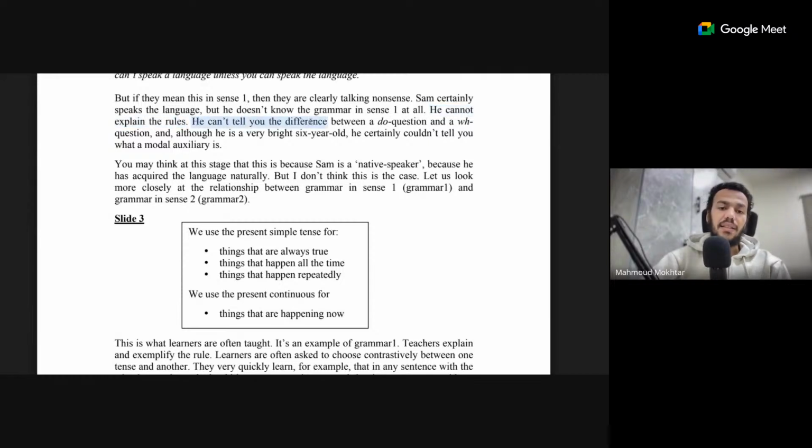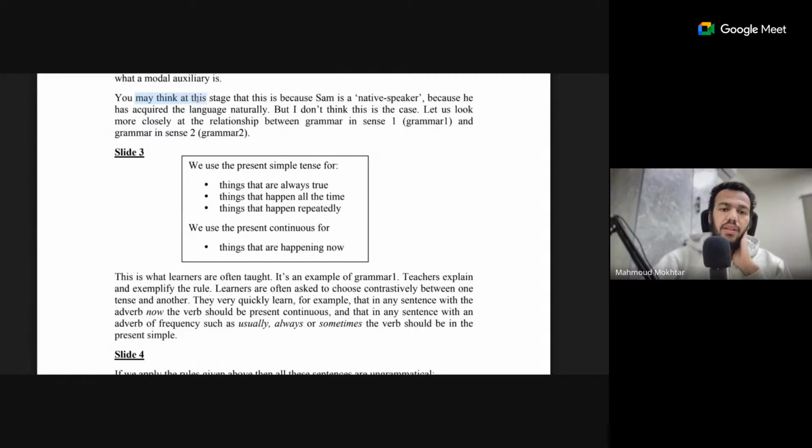He can't tell about the difference between a do question and a double H question. And although he is a very bright 6-year-old, he certainly couldn't tell you what a modal auxiliary is.